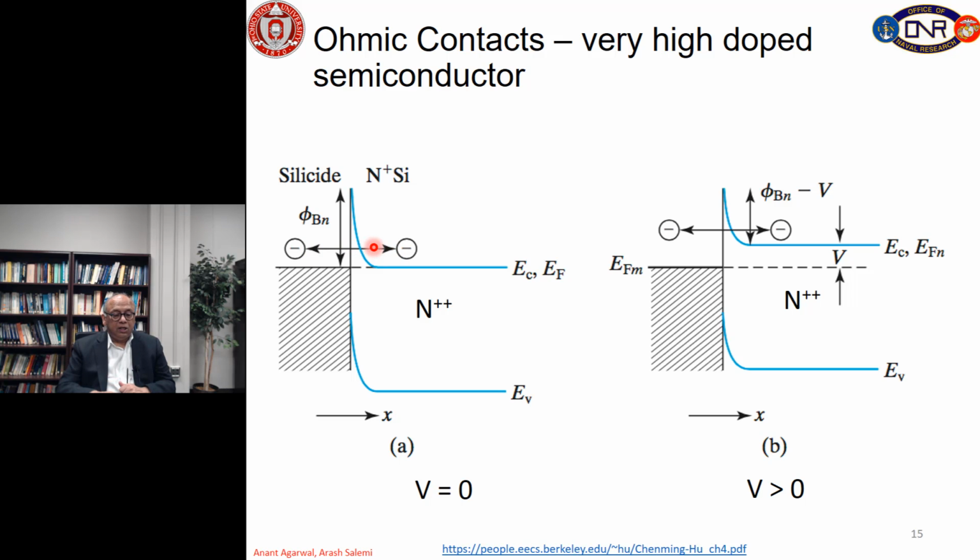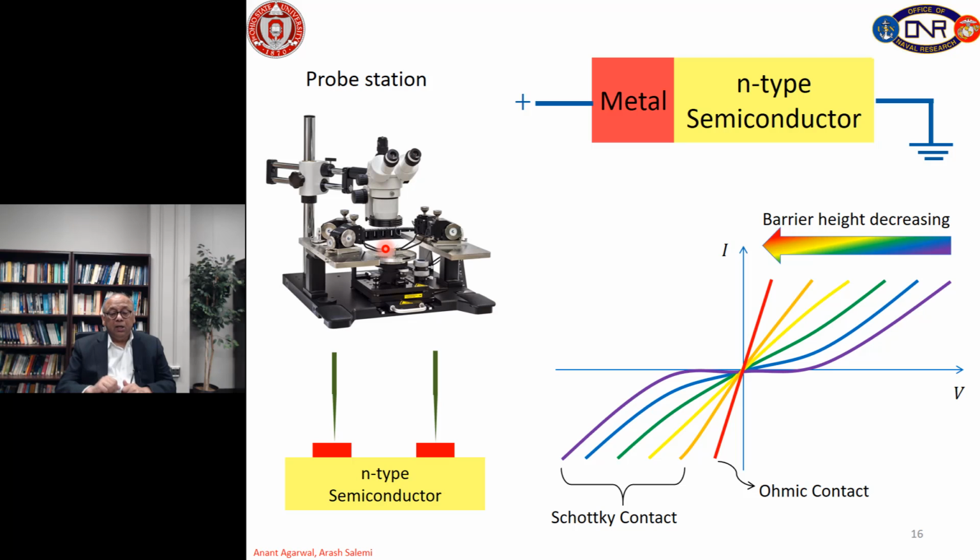And also this tunneling can take place in either direction when we apply positive voltage or negative voltage. So, the current can easily flow in both directions by a combination of tunneling and emission over the barrier, which is a fundamental Schottky current transport mechanism.